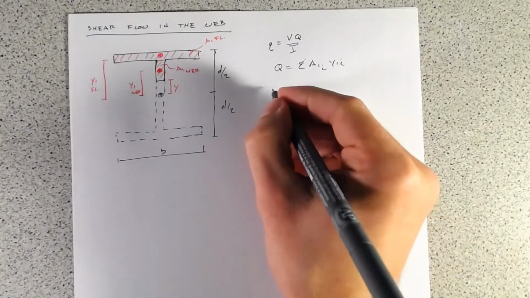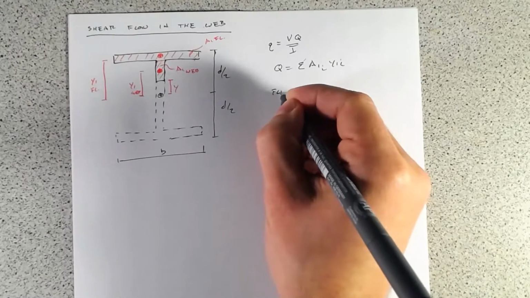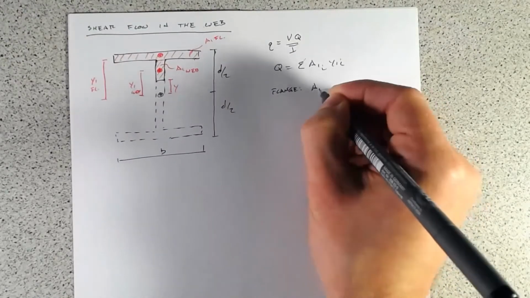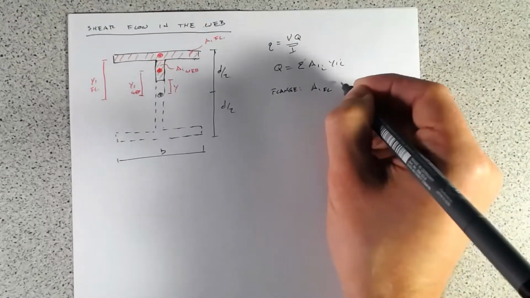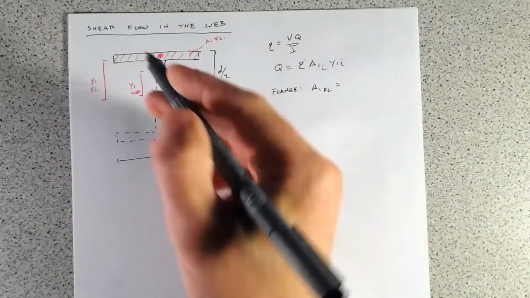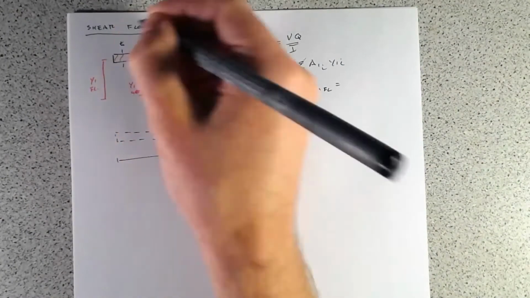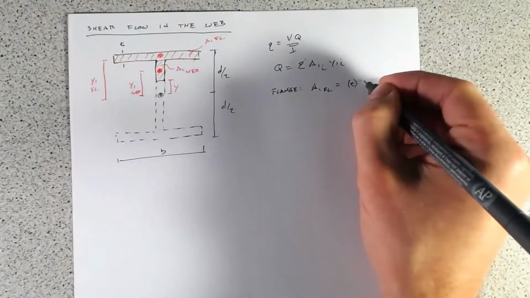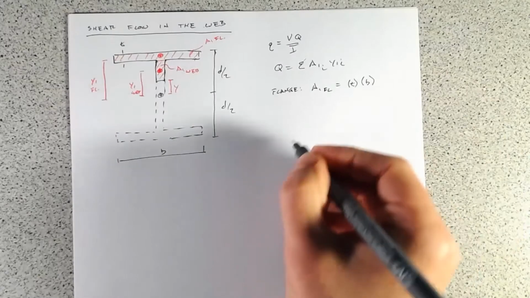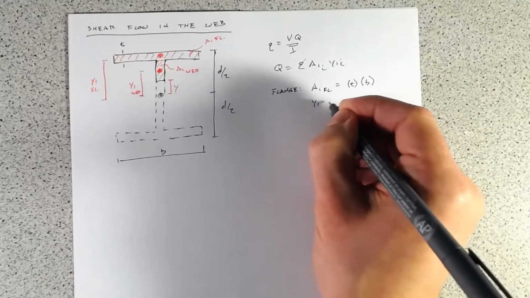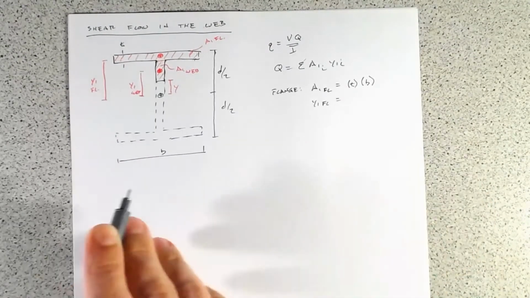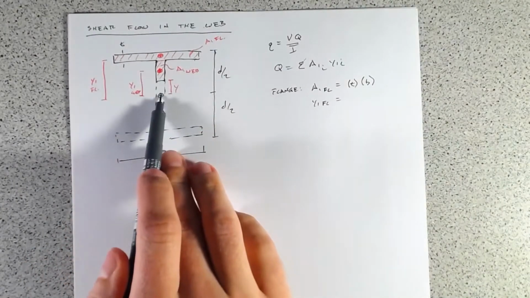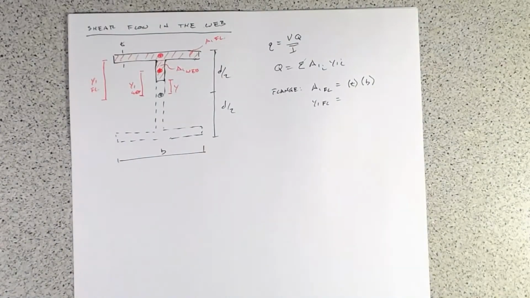So, for our flange, A1 flange just equals the thickness, t, times the width, b. And then y1 of the flange is going to be the distance between the centroid of A1 flange to the neutral axis of our section.